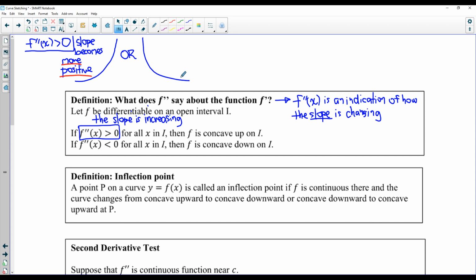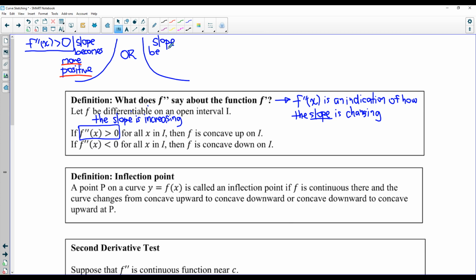So when you get to the very bottom, your slope's still negative because you're still going down and towards the right, but it's not as negative. And if you have a slope that's not as negative, it is actually technically still becoming more positive. So this is another way in which your slope can increase.